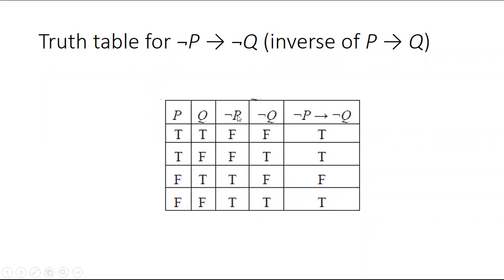Now perform negation of P implies negation of Q. You only need to consider true, false. Identify where the true, false is. Here is true, false. There you simply put false, and all the remaining you put true.